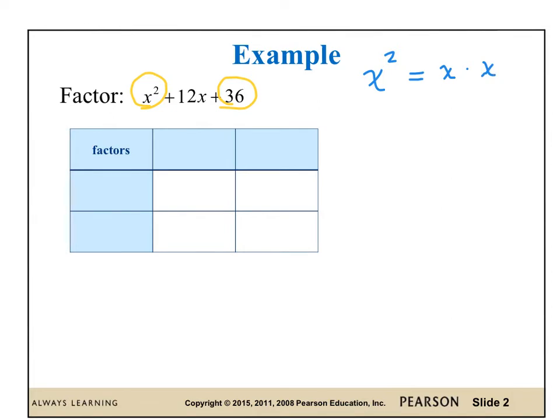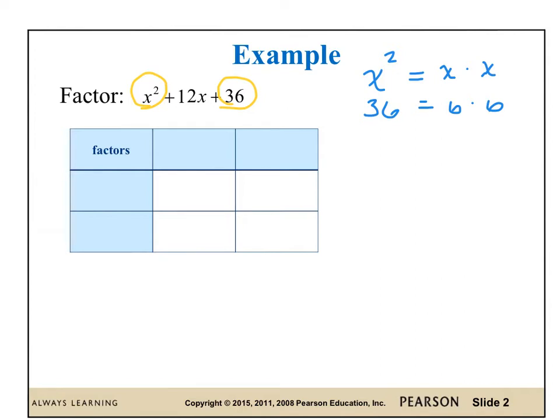And 36 is the product of 6 times 6. And what this is going to let us do is cut to the proper factors to achieve the middle term much more quickly.